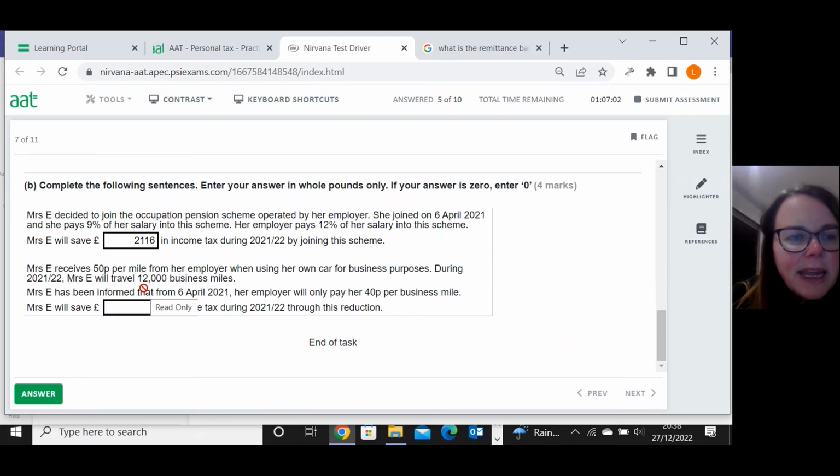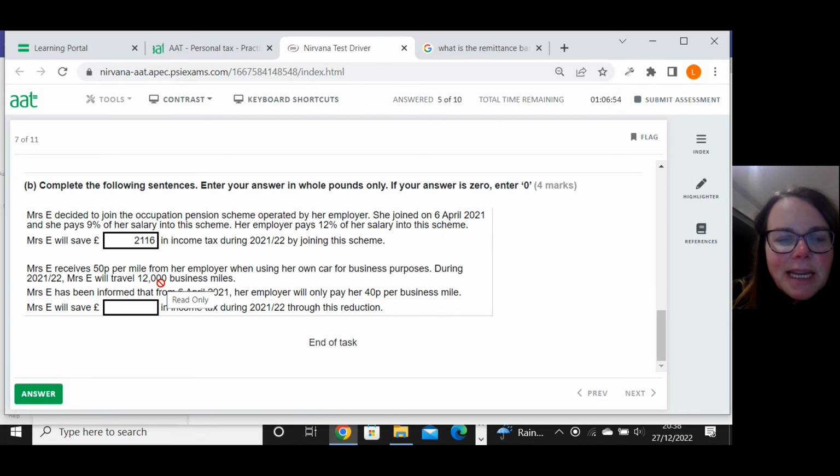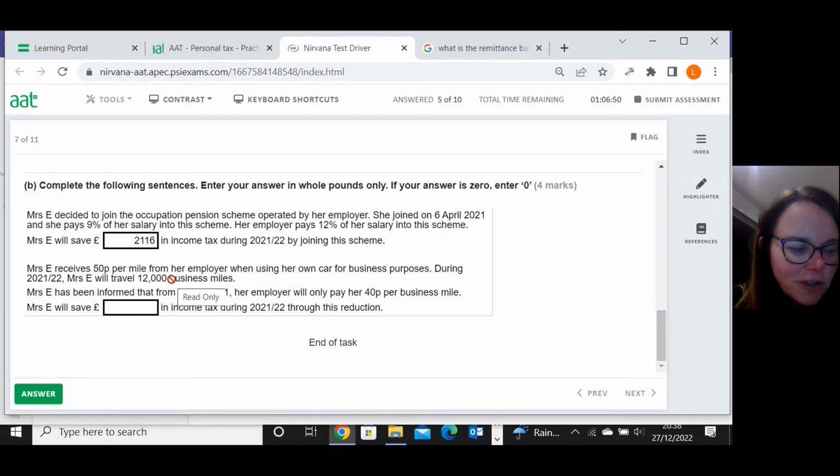So she will be, as a higher rate taxpayer, remember it's still Mrs. E, we know she's a higher rate taxpayer, being taxed at 40% on that extra £1,000 that she's receiving, which is £400. Right. So hold that thought. At the moment she's being taxed £400.